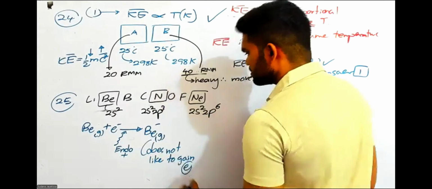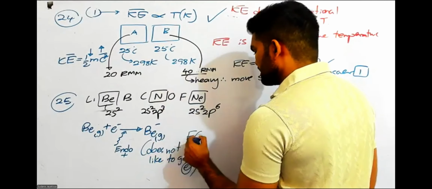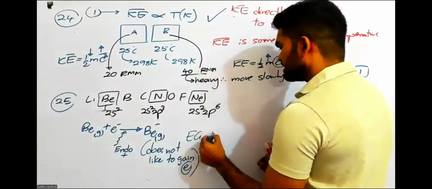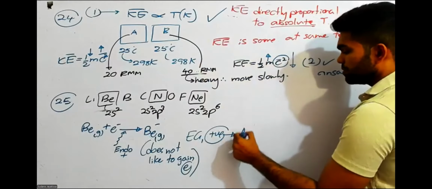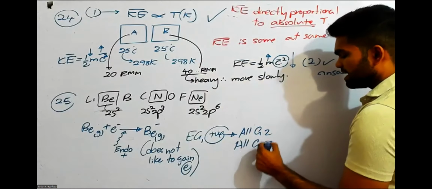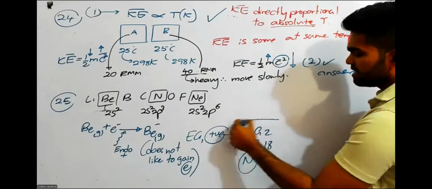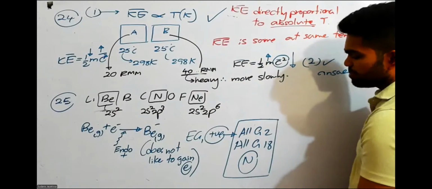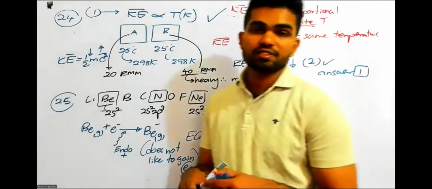What are the other endothermic ones? EG1 positive, first electron gain energy positive, is going to be all group 2 elements, then all group 18 elements, and from group 15 only nitrogen. These are the elements with positive electron gain energy because they have stable configurations.